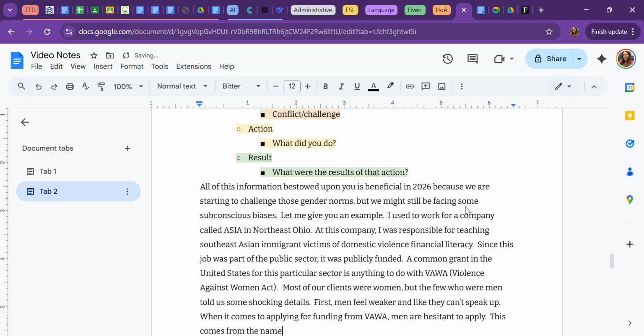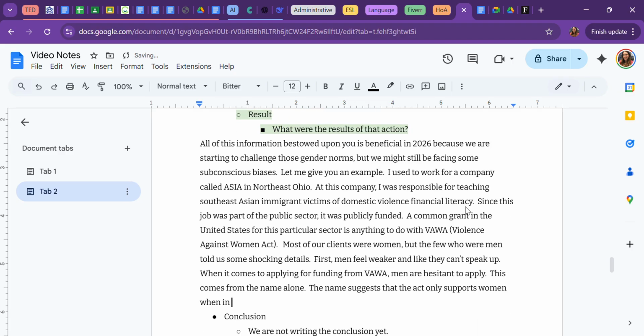This comes from the name alone. The name suggests that the act only supports women when, in fact, it supports all domestic violence victims of all genders. Obviously, the desired action would be to change the name, but that's not the case that we have here.